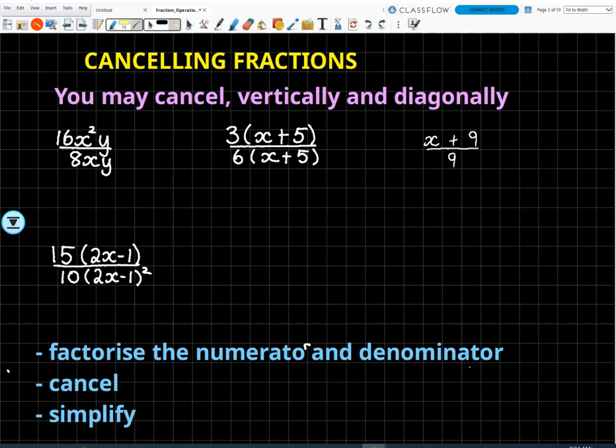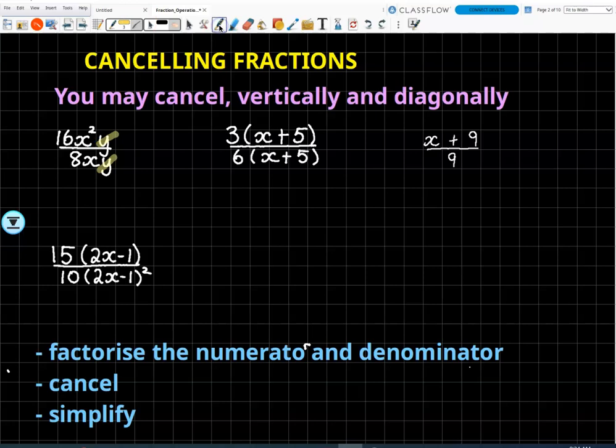Can we cancel? Because there's a times everywhere here, y divided by y, it just cancels. Y divided by y is? 1. Yep. 8 divided by 8, 1. Y divided by 1, y. What do we do when we have an x squared divided by an x? It's just x, right?